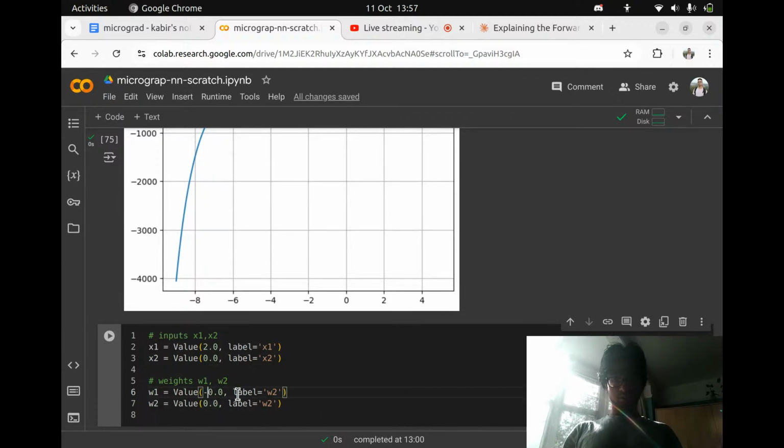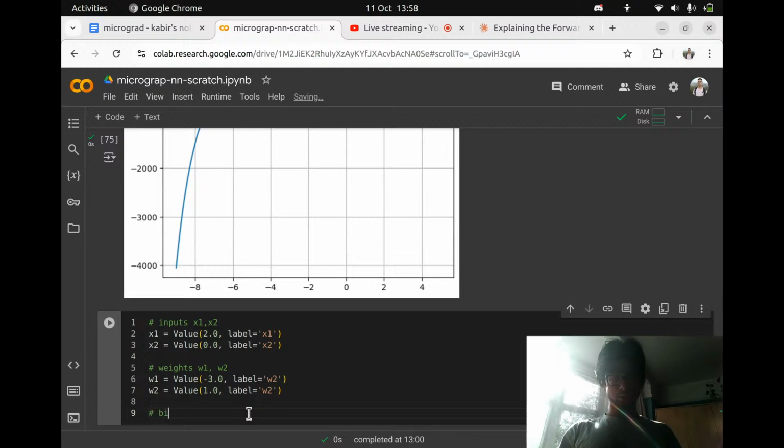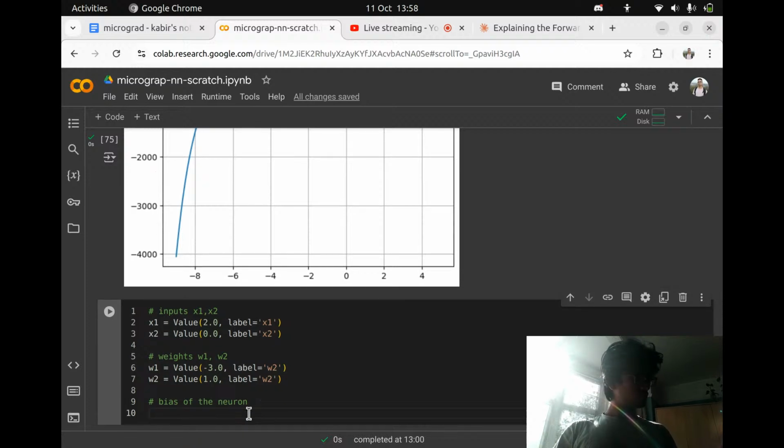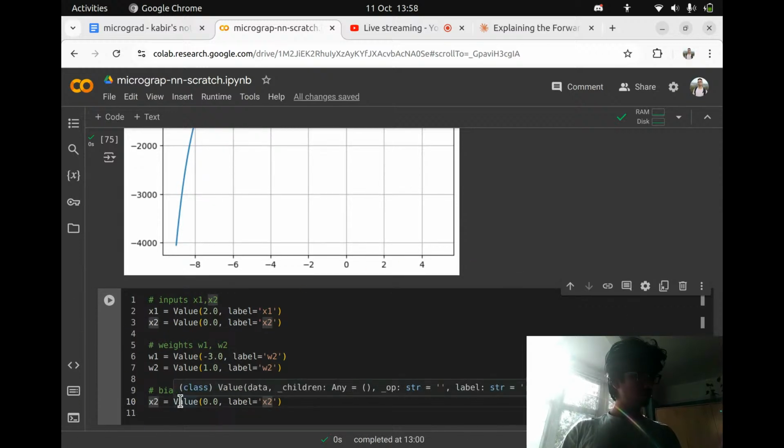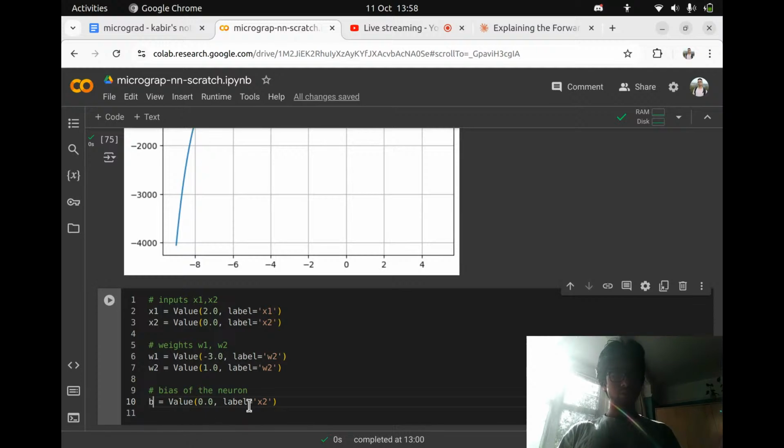So minus 3.0, 1.0, and bias of the neuron equals, right.